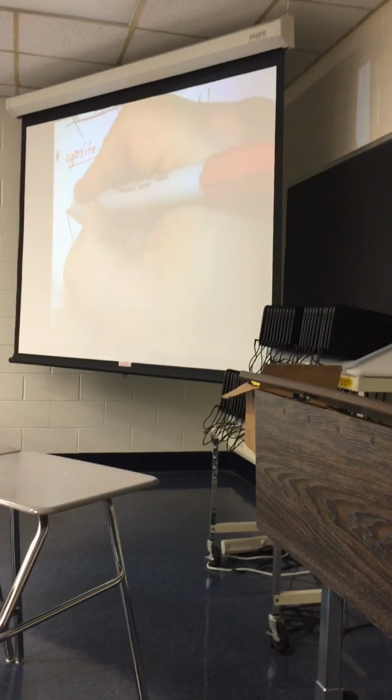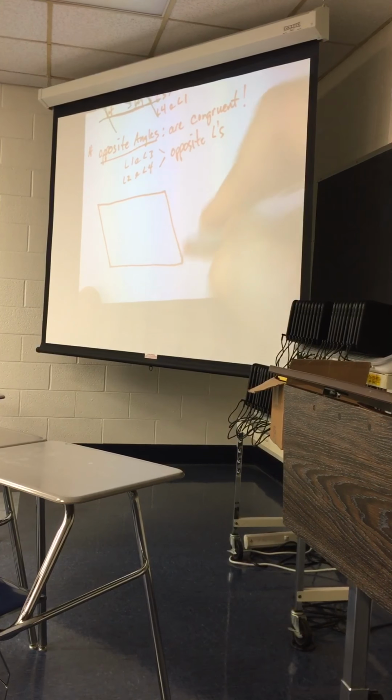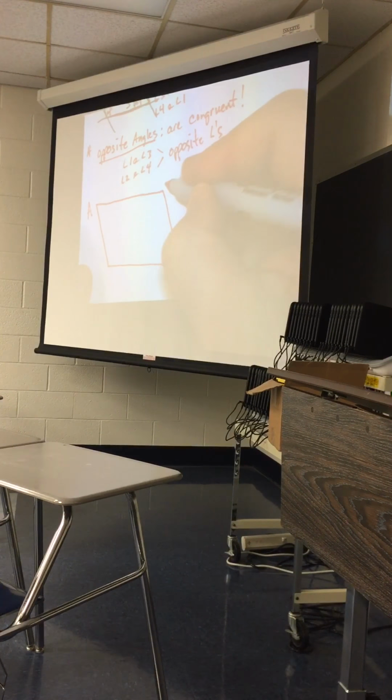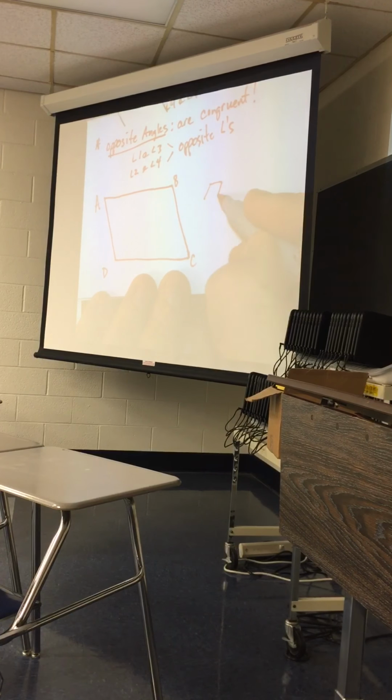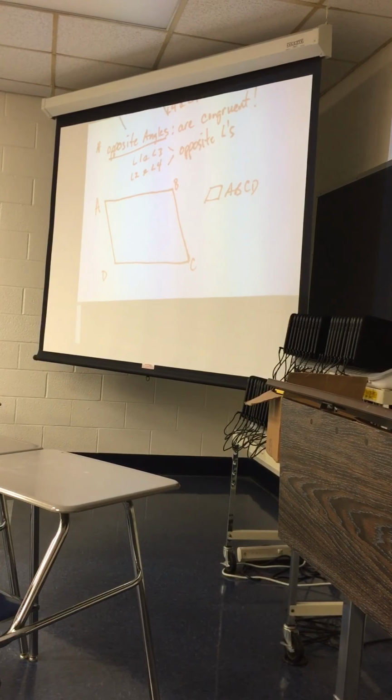Let me draw another parallelogram. Make this a little bit bigger. So there's a parallelogram, A, B, C, D. By the way, sometimes they'll denote a parallelogram like this. That's how they'll say, there's parallelogram A, B, C, D. And they'll just use a basic little parallelogram symbol.